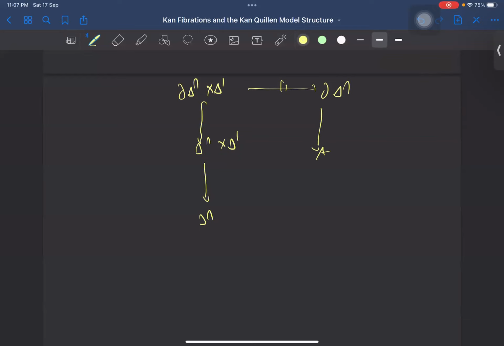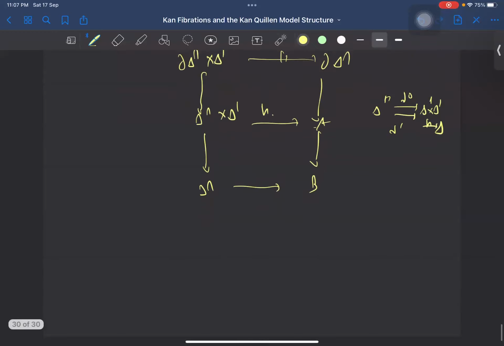So it should be, right, this is a map. We call this H. So this commutes. That means the following are equal.